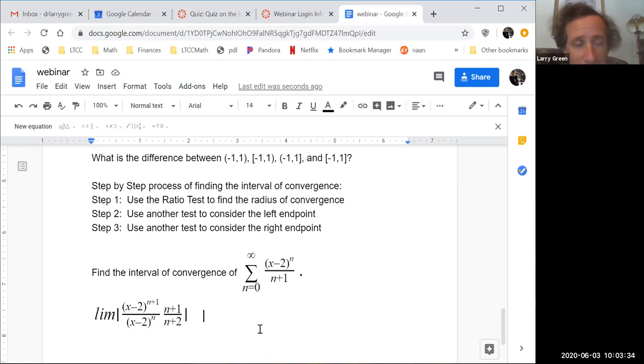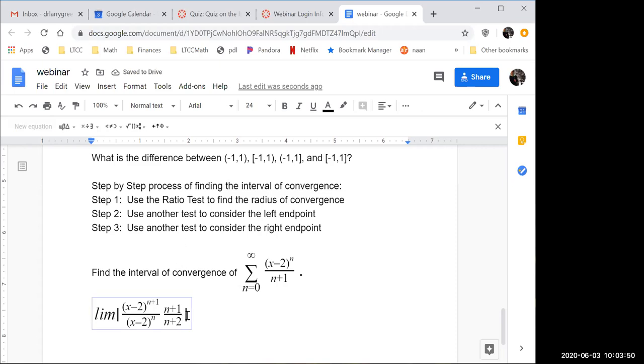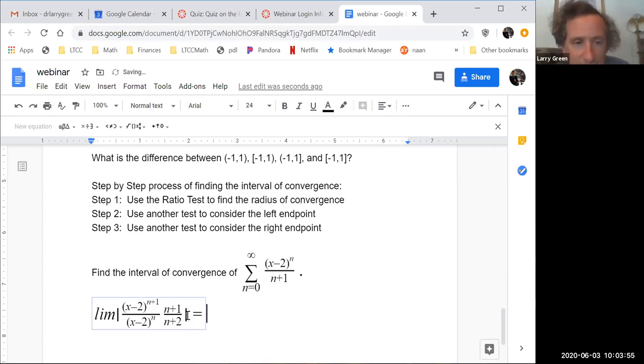Okay, we need that limit. Look at that first: (x minus 2) to the n plus 1 over (x minus 2) to the n. That simplifies very nicely. How does that simplify? x minus 2. Yeah, in absolute values though. So that is going to be equal to the absolute value of x minus 2.